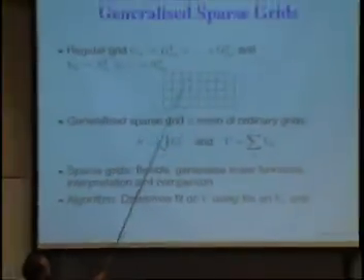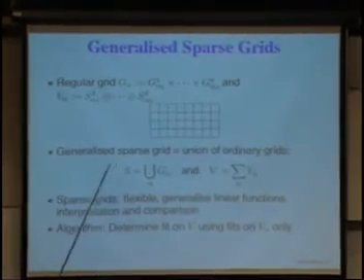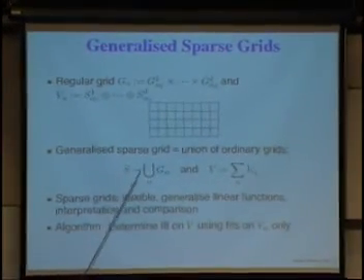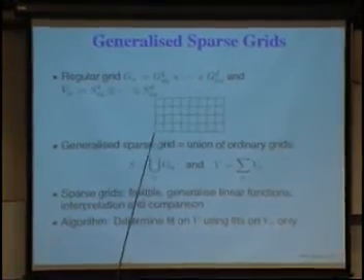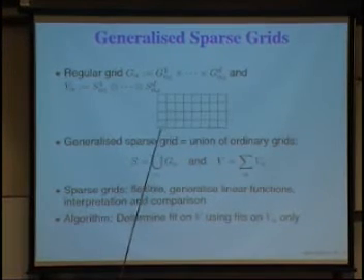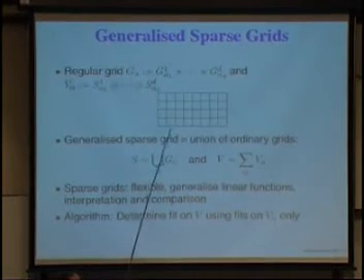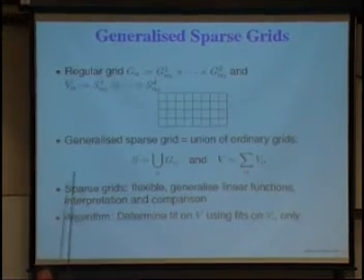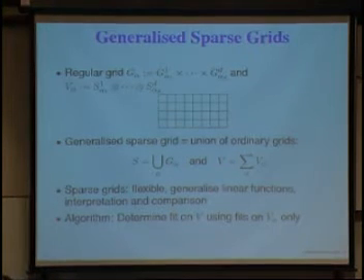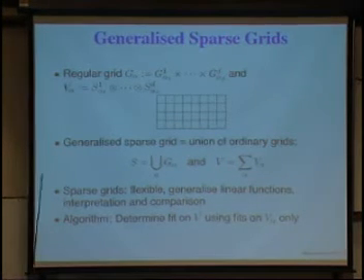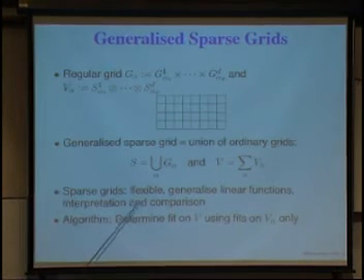So a regular grid looks like this here. And we always assume that the grid sizes are of the size 2 to the minus L or something, right? So they're basically binary, if you want.